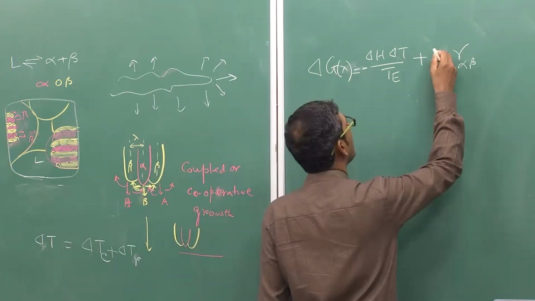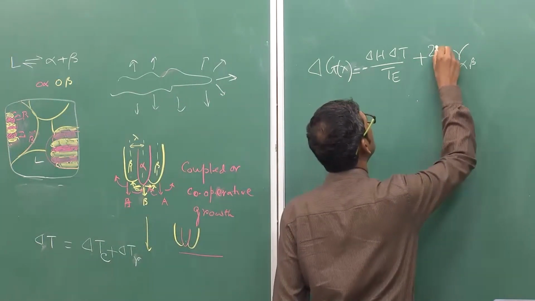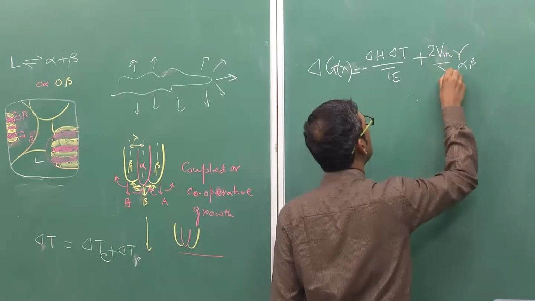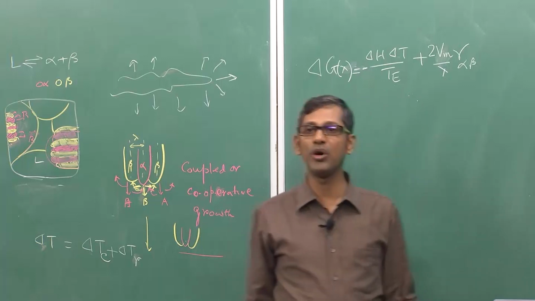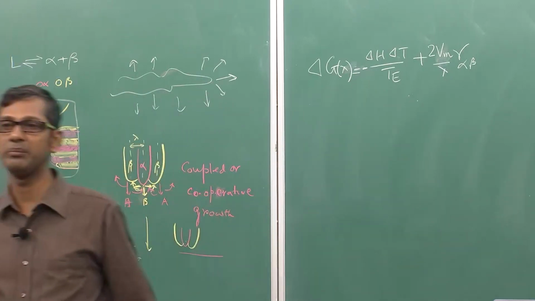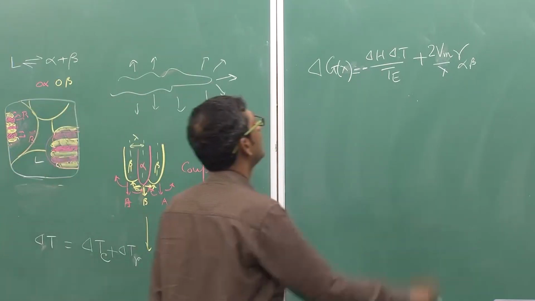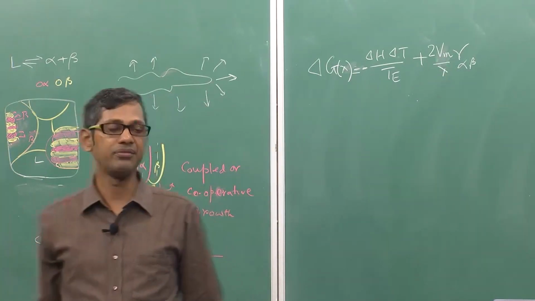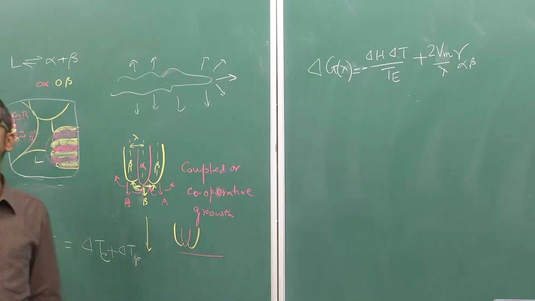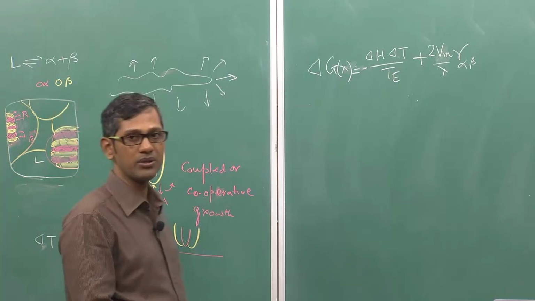Normally people write this as 2 Vm by lambda alpha beta, where Vm is the average molar volume of alpha and beta. Actually, the surface area of 1 meter cube of eutectic is equal to 2 by lambda square. That is what the calculation shows.